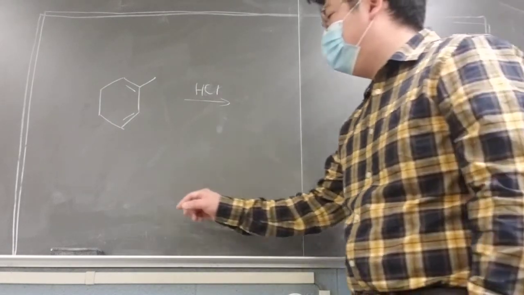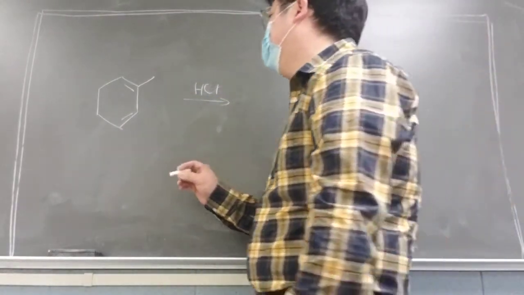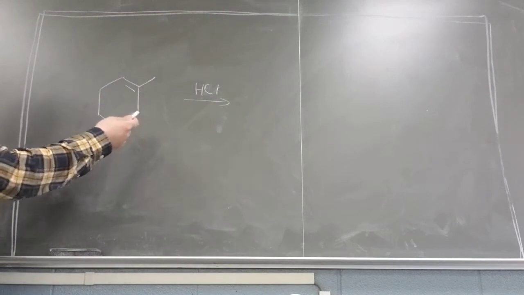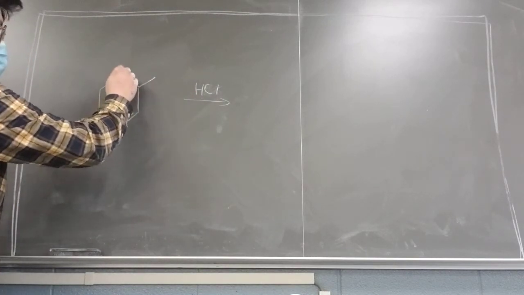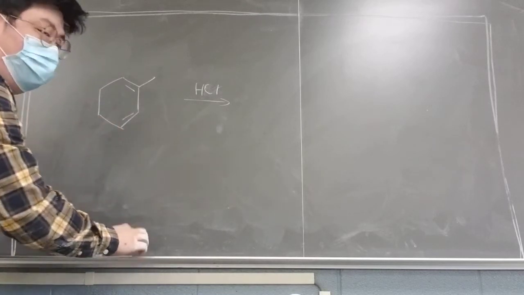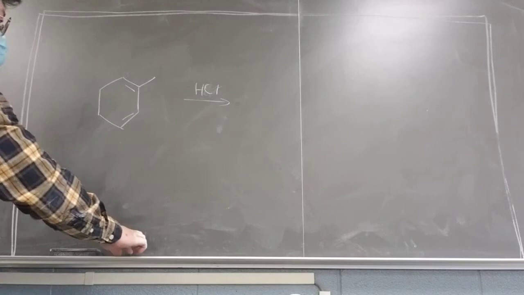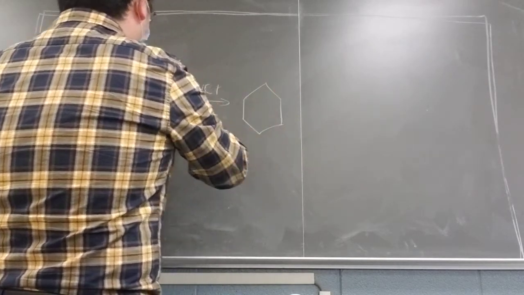Okay, so let's do this together. There's 2 scenarios you can do. You can add 1,2 and 1,4 here. So technically there will be 4 products, but I will tell you why there will be 3 only. So we'll do this one first.